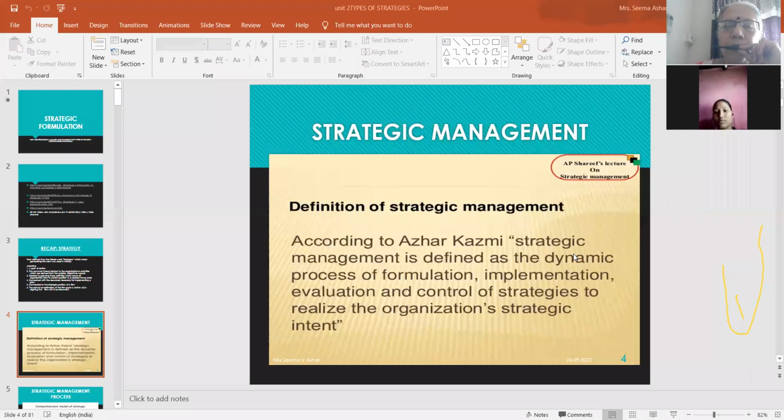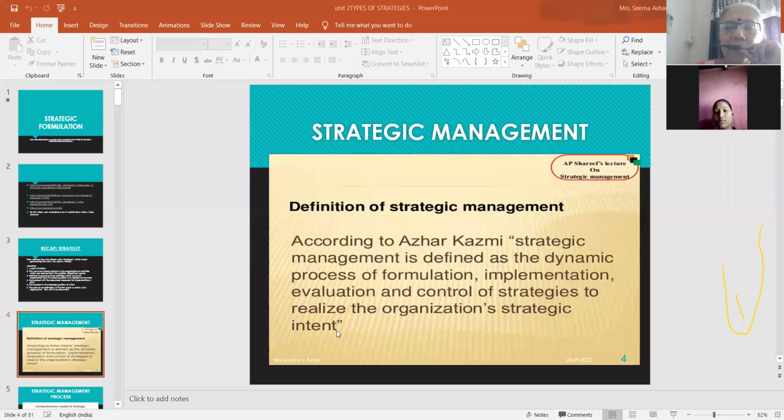So, when you are doing strategic management, you are basically focusing on four important things: formulating strategy, implementing strategy, evaluating strategy, and controlling strategies. And why are you doing all this? To realize the organization's strategic intent. So, this means strategic management consists of five important components.